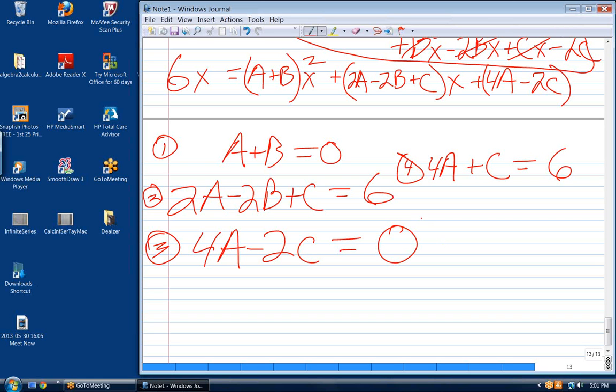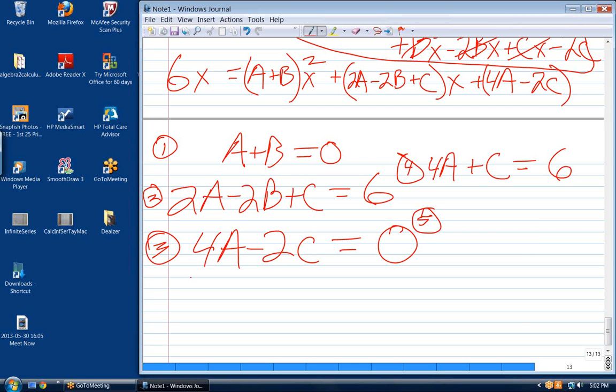Right? Now I want to come up with an equation 5 that I get from putting together 2 and 3. I don't need to.